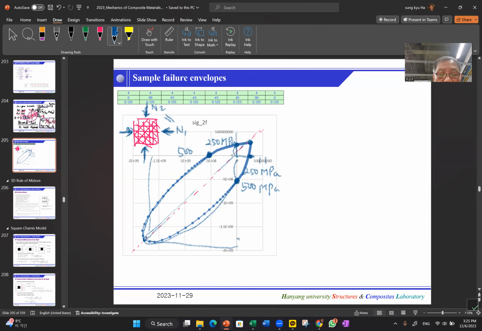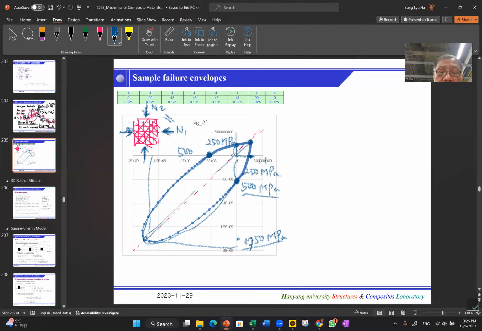That is about 1750 megapascal. So as you can see, compared to this, we have a lot of high strength. And another observation will be this point.